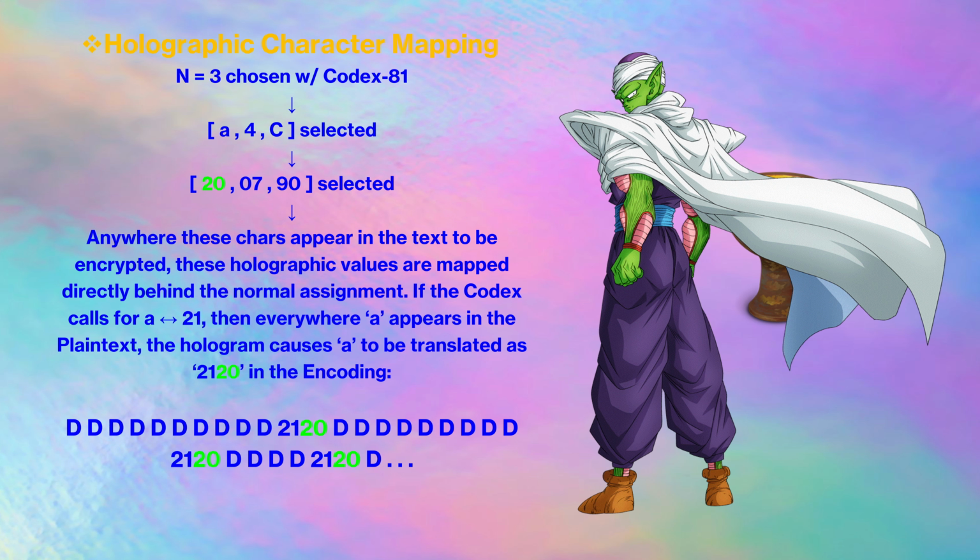Anywhere these characters appear in the text to be encrypted, these holographic values are mapped directly behind the normal assignment. If the codex calls for A to correspond to 21, then everywhere A appears in the plaintext, the hologram causes A to be translated as 2120 in the encoding.